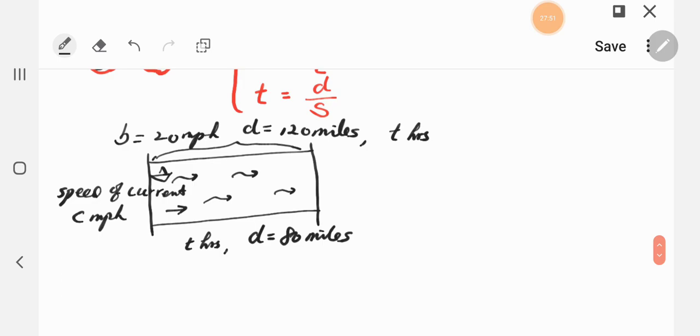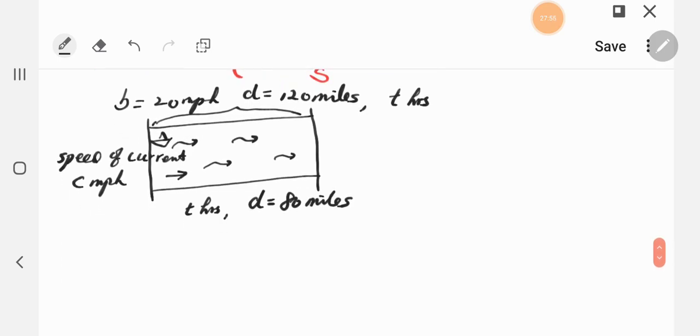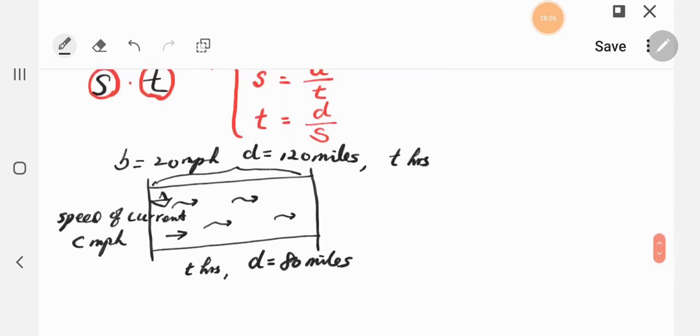So using this, let's find out the speed of the current, C. Look at this. It took the same hours, T hours, when you go downstream and upstream. So using the equation for time, time is the distance over speed.